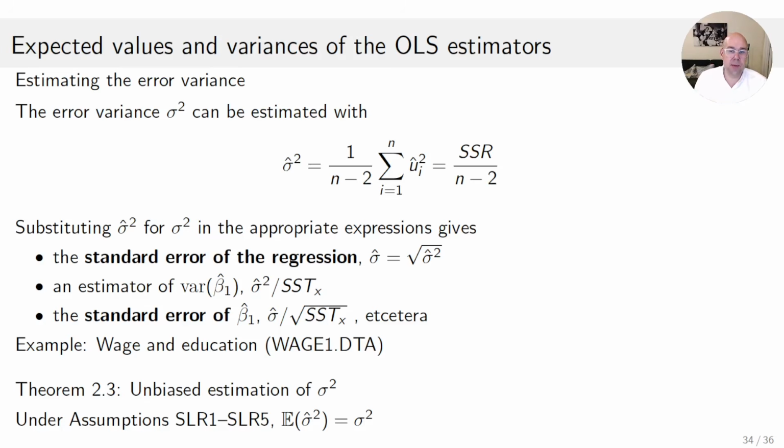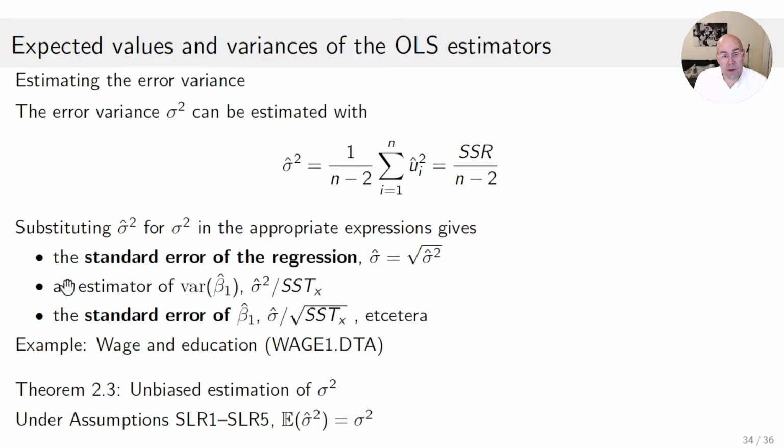In statistics, when we divided by n minus 1, we basically only estimated 1 parameter, which was the mean of that variable when we estimated a variance. That's a detail. It's not an essential difference between the approaches. It's just this additional degree of freedom we lose because we're estimating 2 parameters.